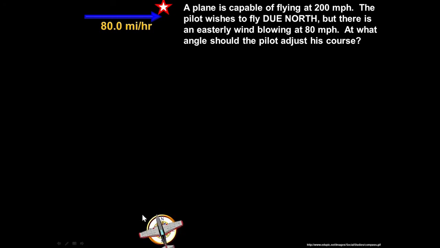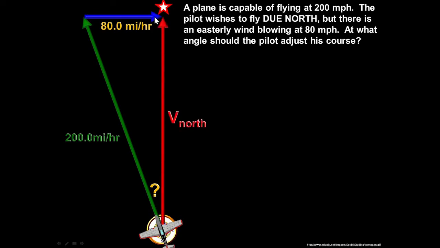So we know we need to angle to the west here a little bit and fly in that direction at 200 miles per hour. We're trying to find out what angle that is, so that when we take the velocity of the airplane, add it to the velocity of the wind, it results in a velocity going due north. Well, we want to find out what that angle is. We know the opposite side.